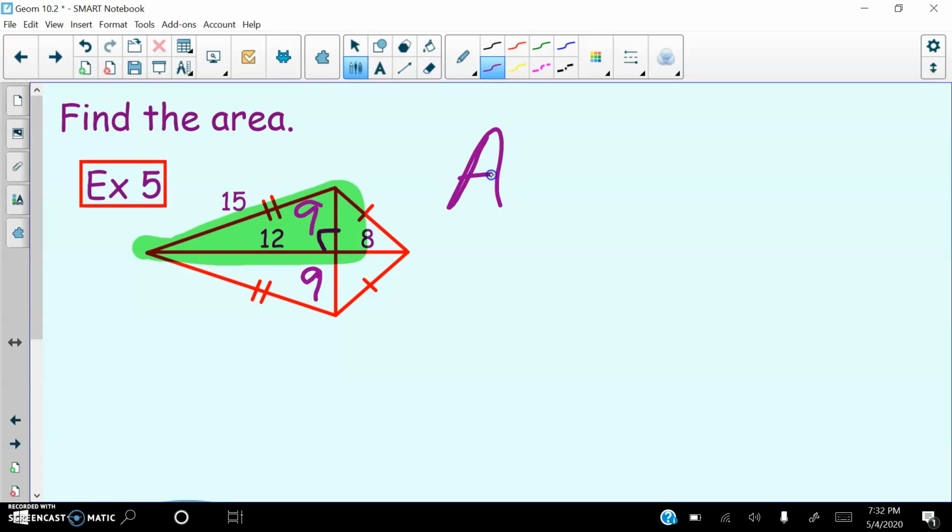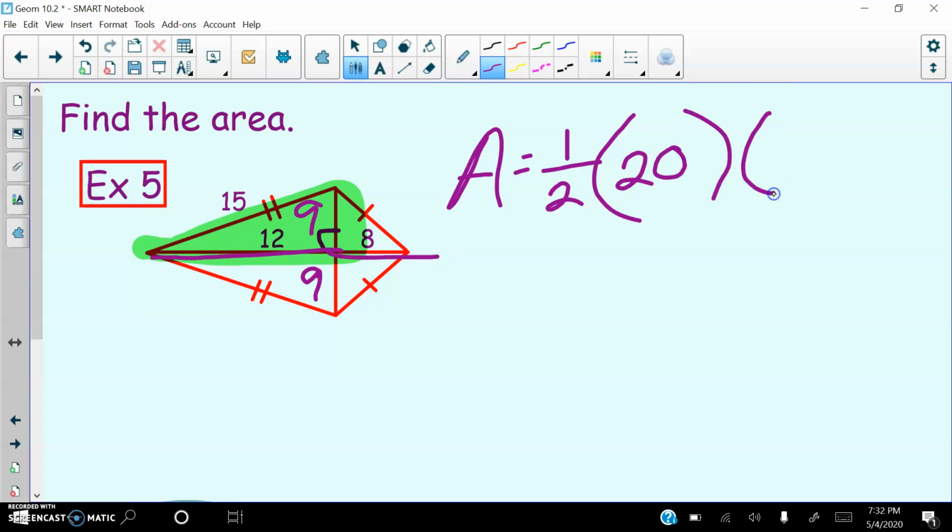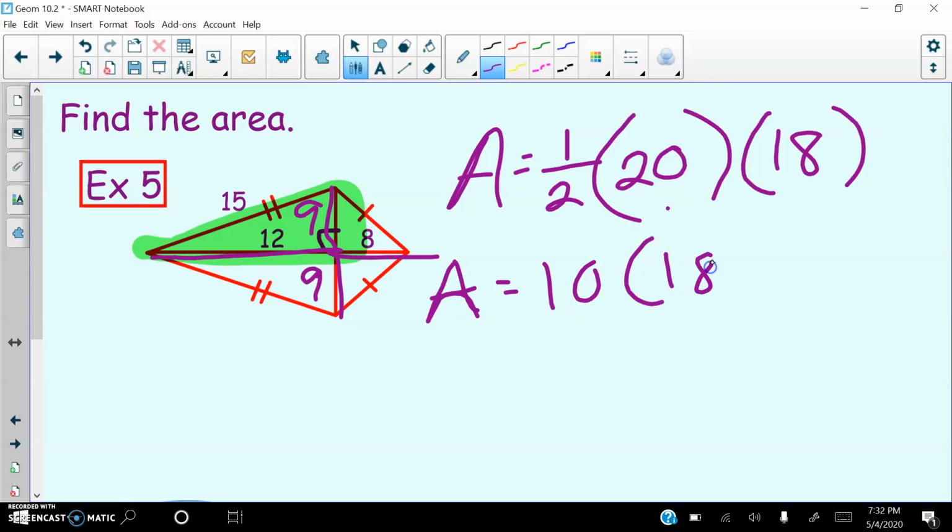So the area is 1/2 times the first diagonal, which is 12 and 8, so that whole diagonal is 20, and the other is 9 times 2, which is 18. 1/2 times 20 is 10, and 10 times 18: if you're multiplying anything by 10, just add a 0 to it. So 180.